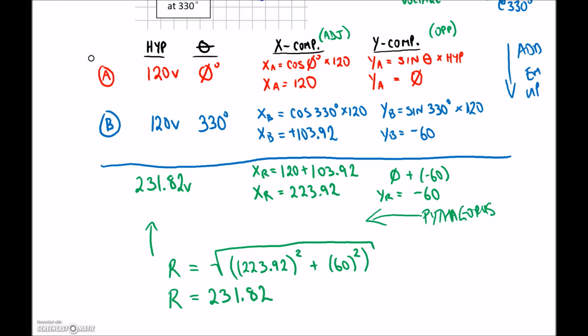Beautiful. At this point, we can now do a right angle triangle and summarize everything for this resultant here. So let's see, we have 223.92, and then we've got negative 60.